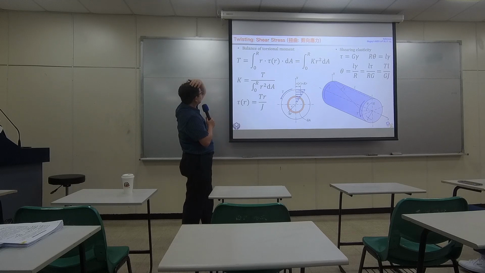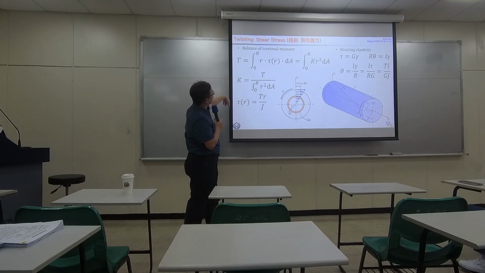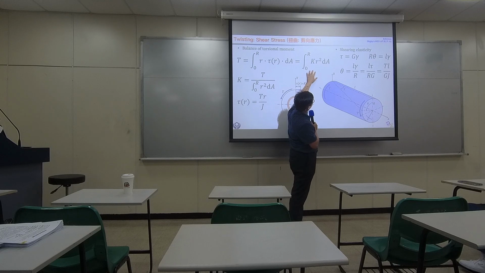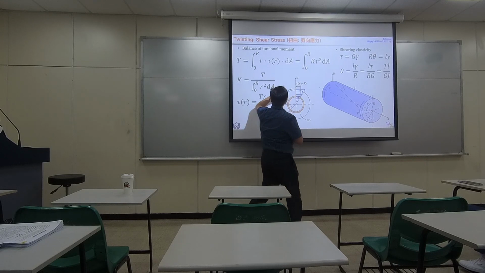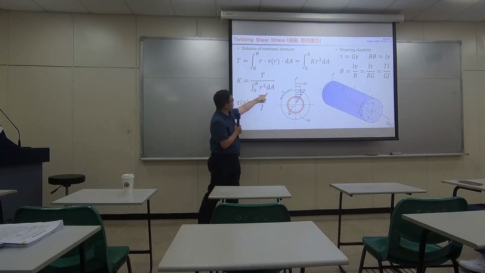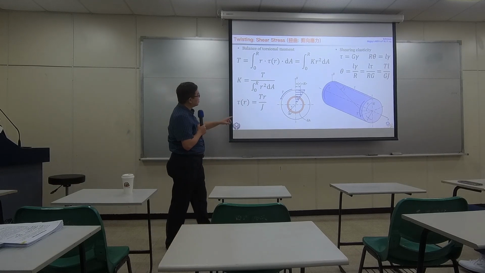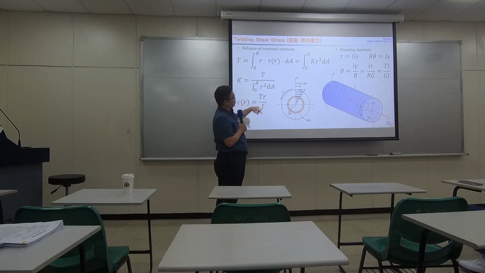So they balance out, and since we have a linear model, tau equals kr, we apply it back to the equation. K is a constant, you can take it out. At the end, you have a very similar equation. However, now it's r squared.